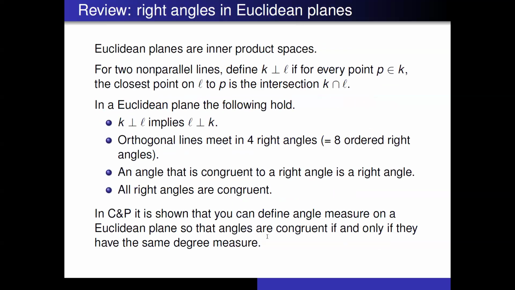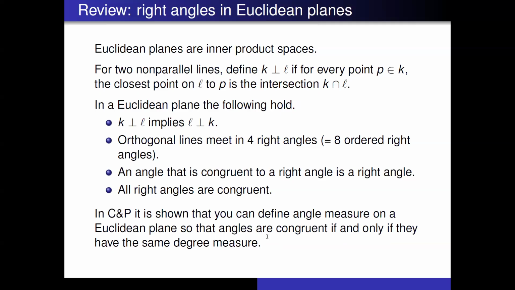So let's look at how right angles work. We've shown that, and here's the basic facts. In Euclidean planes or inner product spaces, take two non-parallel lines. Define K to be perpendicular to L if the closest point is the intersection. I'll have a picture in a second. Okay, and the following hold in a Euclidean plane.